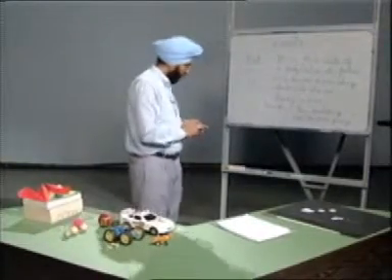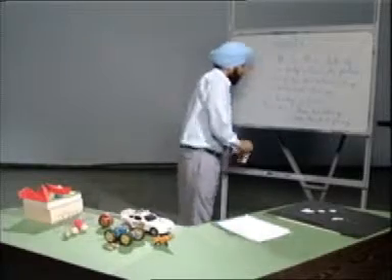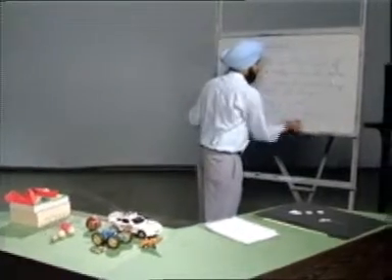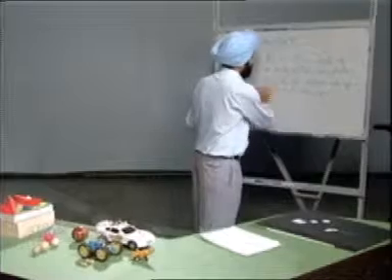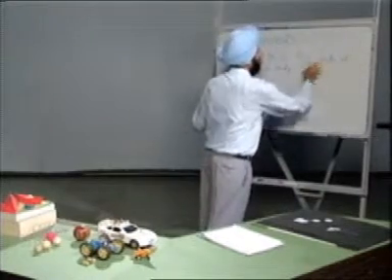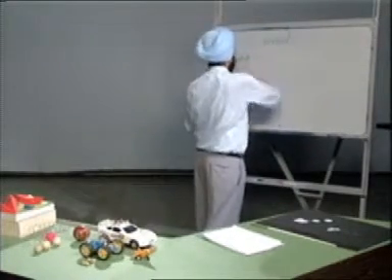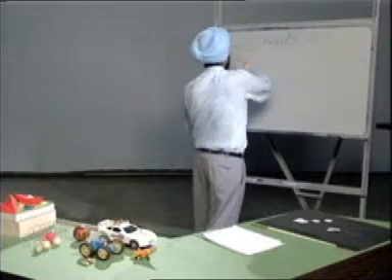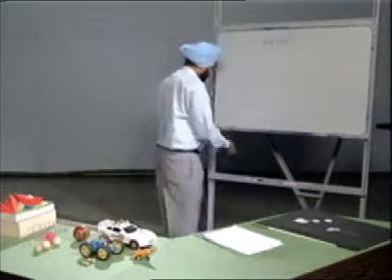Now, if the position of something with respect to its surrounding is changing, that the body is not at rest, we call the body is in motion. We define motion.